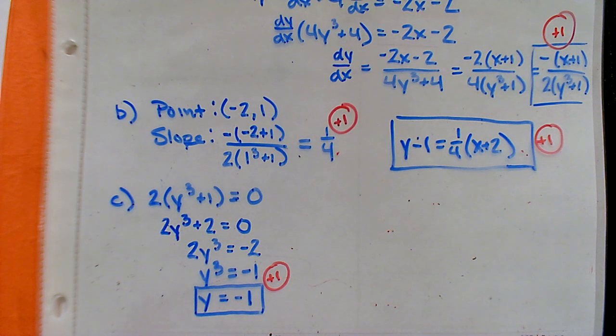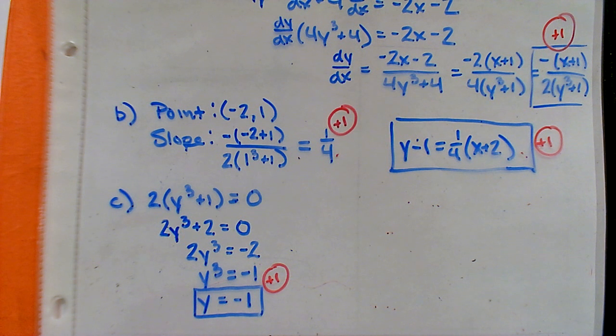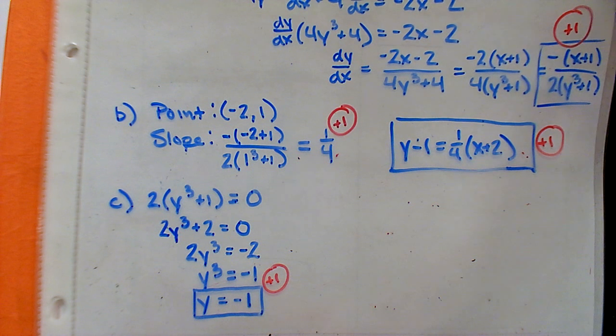The question is find the coordinates. What does coordinate mean? X and y. You need an ordered pair. If you know a y value, how can you figure out an x value? Plug it into the original equation. We don't want to plug it into the derivative because derivative means slope. We're not trying to figure out a slope, we're trying to figure out a point, a coordinate.